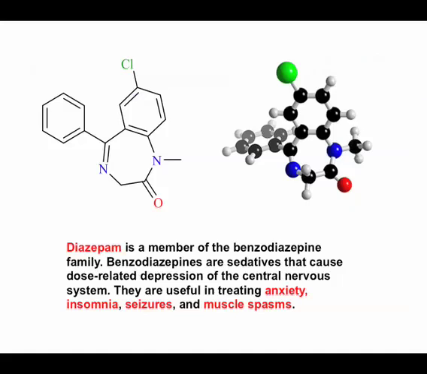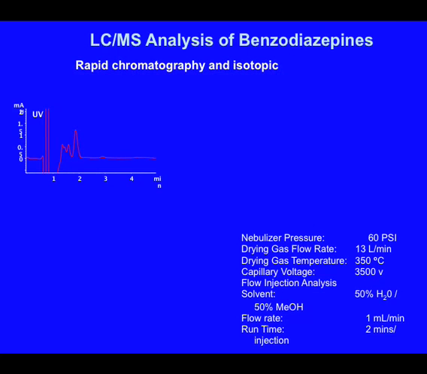If you remember, chlorine has 2 isotopes, 35 and 37, and they are very useful, and they can be defined with MS, with bromine as well, because they have 2 isotopes that have different mass by 2 units, and then it's very easy to recognize them in the MS.